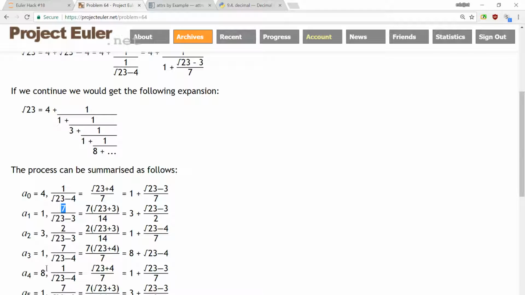And you're saying that this is A1, and for A0 L is 4. So this is leading, numerator, denominator.